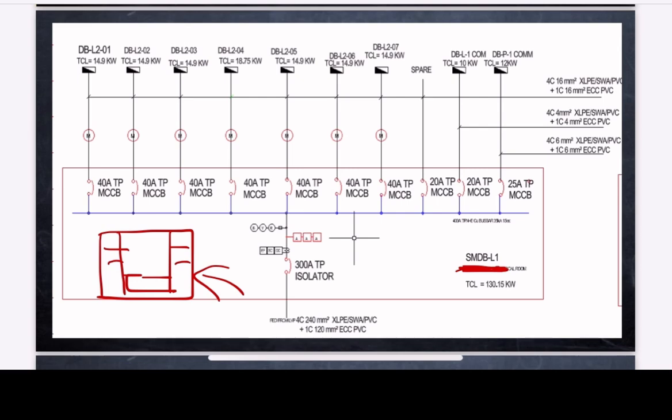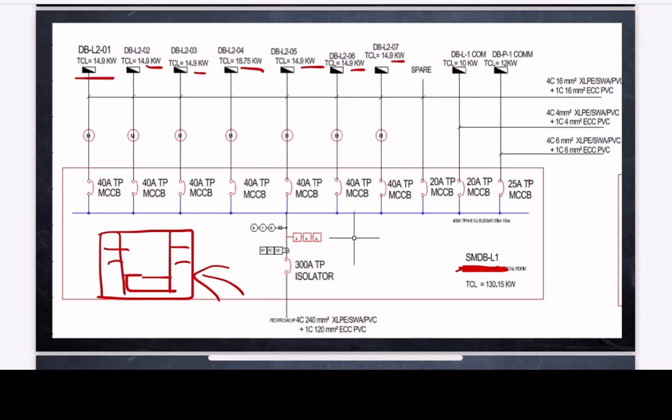The single bedroom flats are electrically typical to each other, each with a total connected load of 14.9 kilowatt. So there are 6 flats of 1 bedroom, all with the same electrical load of 14.9 kilowatt. There is one 2 bedroom flat with a total connected load of 18.75 kilowatt.